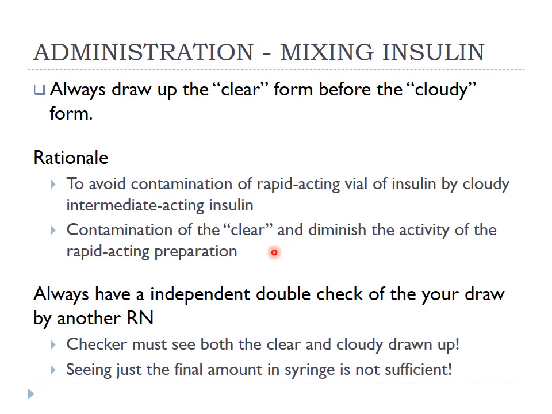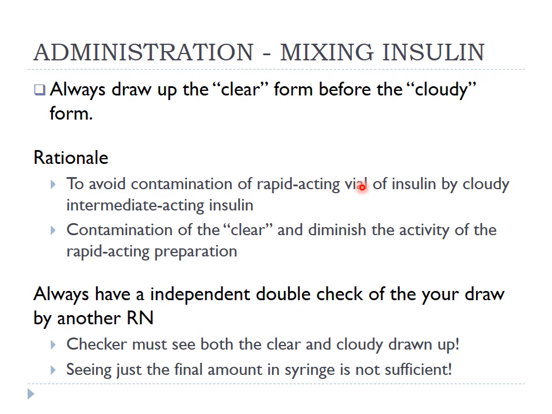Well, it dilutes it out, and it's introducing an insulin into that rapid acting that's going to onset when? Four hours later. What happens if you continually do that every day and you're continually contaminating your rapid acting vial? I want to give myself some rapid because I am eating right now, and I inject myself.